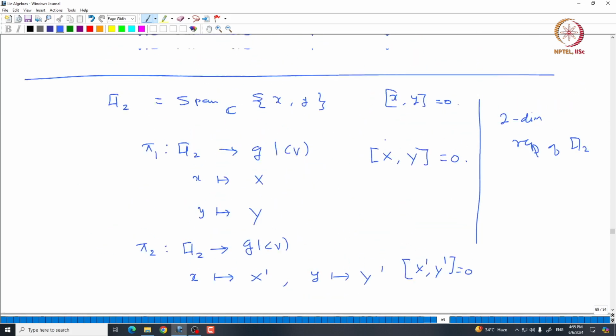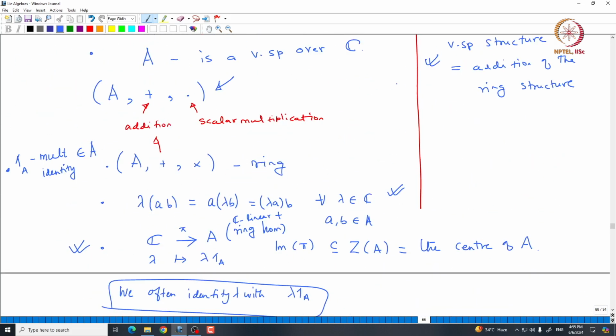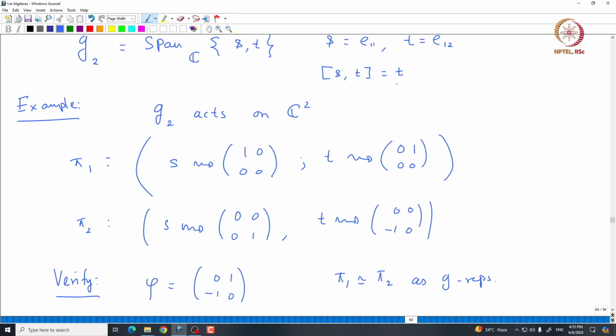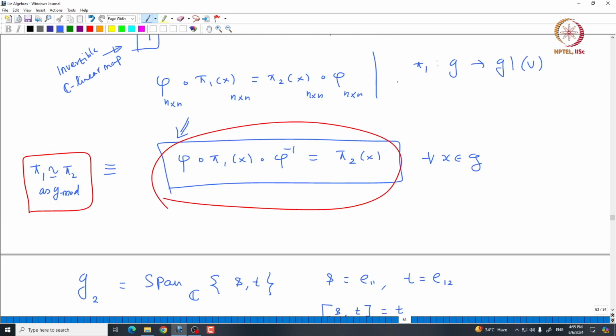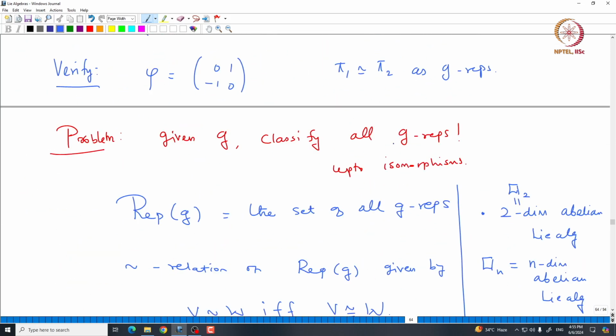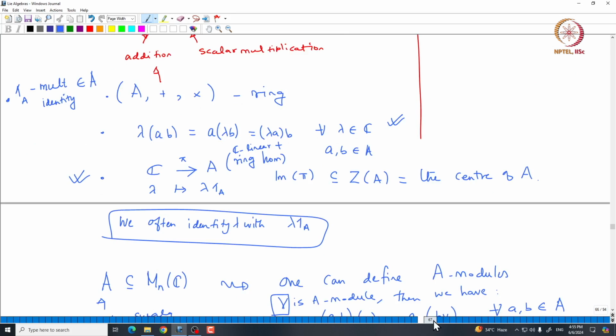This is the same as saying that phi composed with pi 1 composed with phi inverse is the same as pi 2, and this is true for each x. So, we are actually using the basis element set, and if we use the basis elements, that is good enough for us.